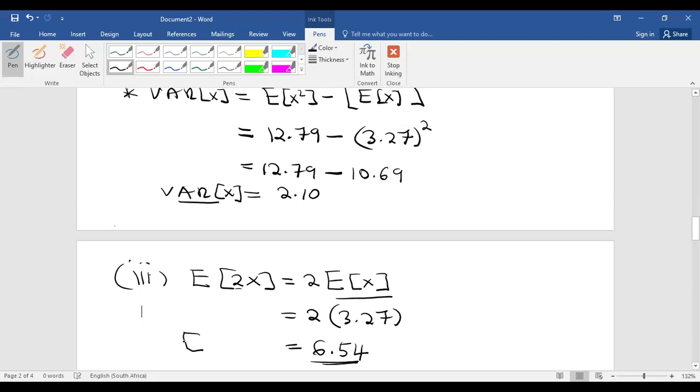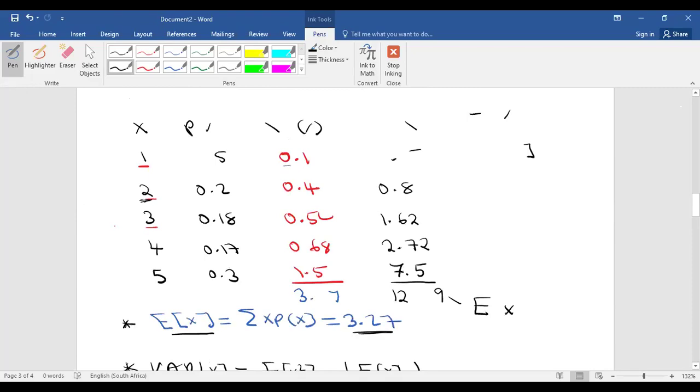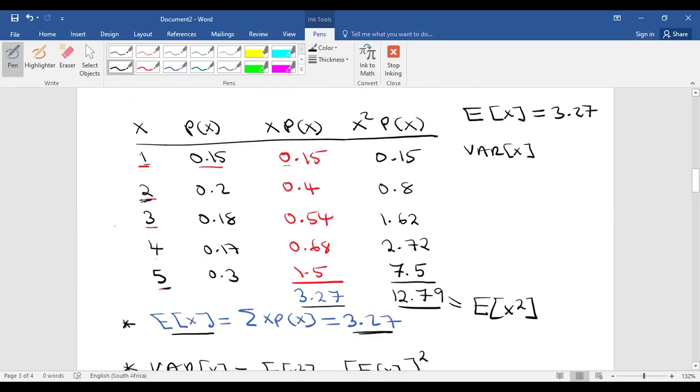So it means that the expected value of 2x is 6.54. Any questions? Okay, if there are no questions, we proceed and answer the next question.